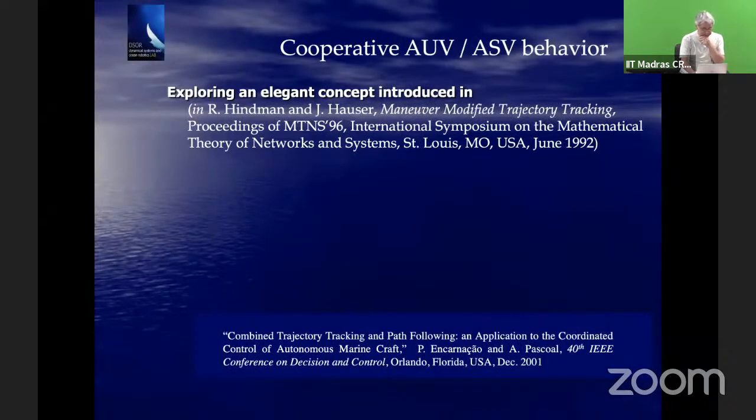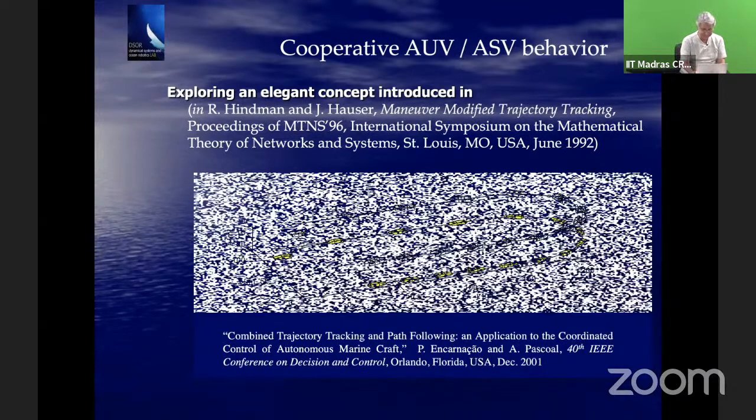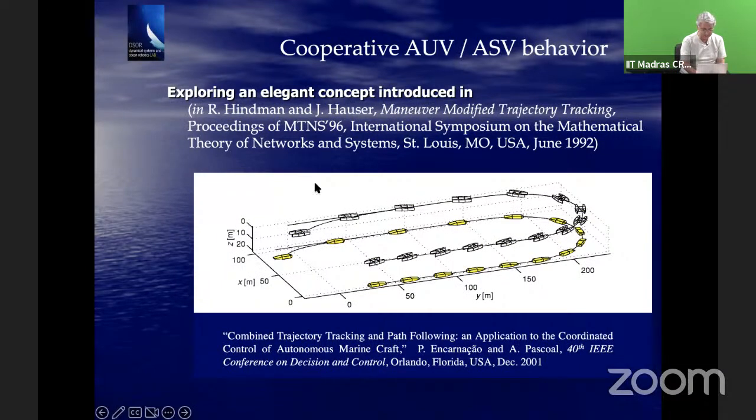So when was this done for the first time? There was an attempt long ago in 1992 by Hinman and Hauser, where they introduced some of the concepts, and then we redid this for the case of the project Asimov, cooperation between a top and an underwater vehicle.